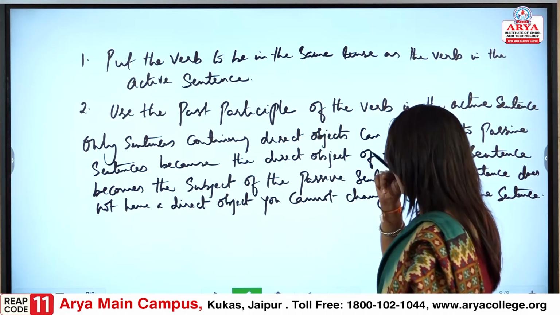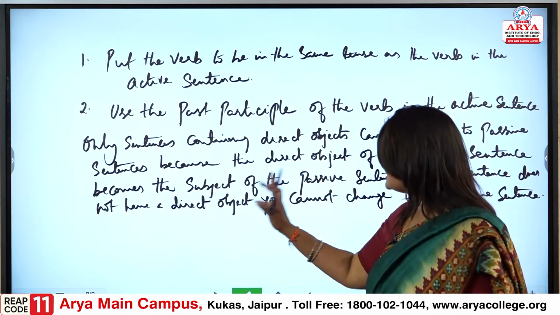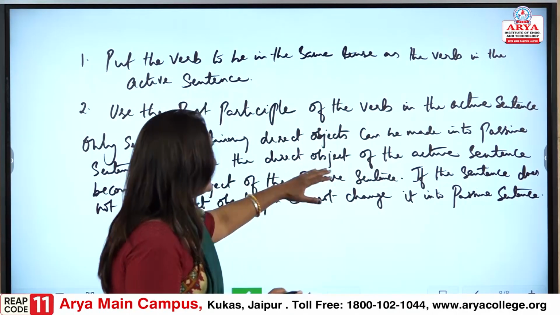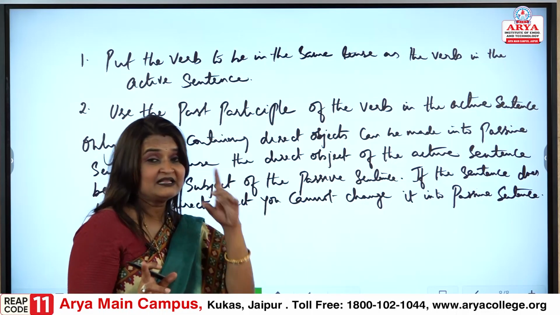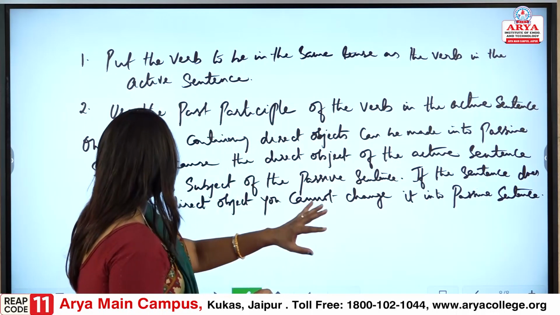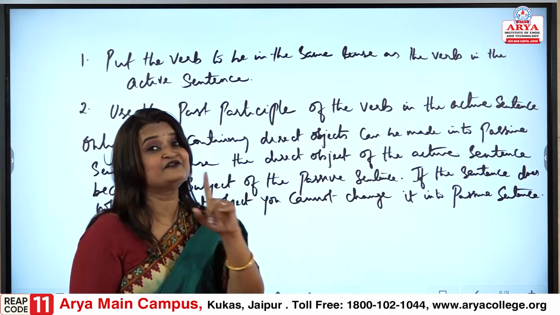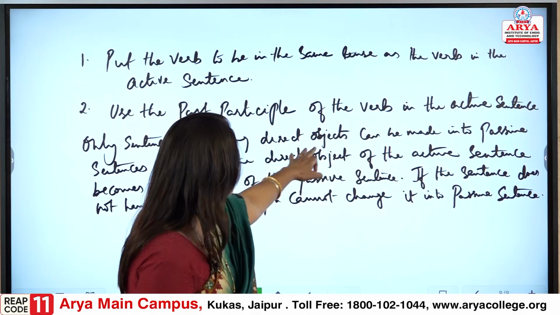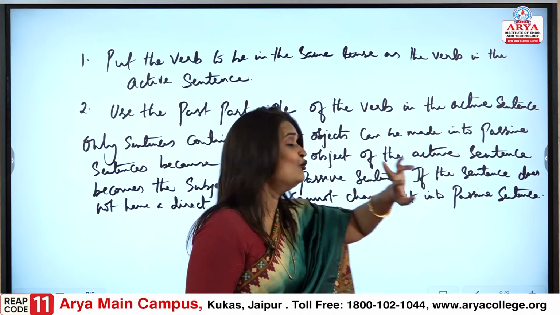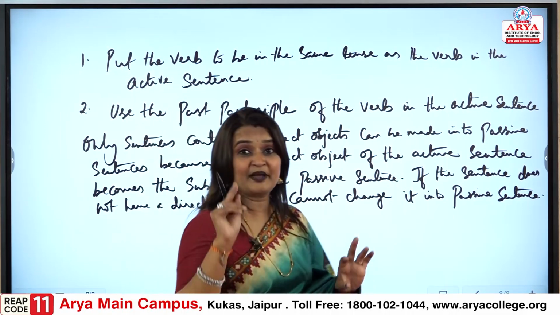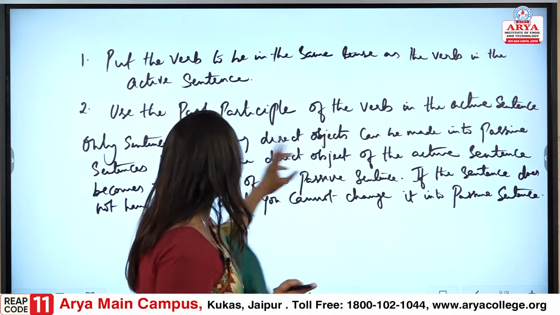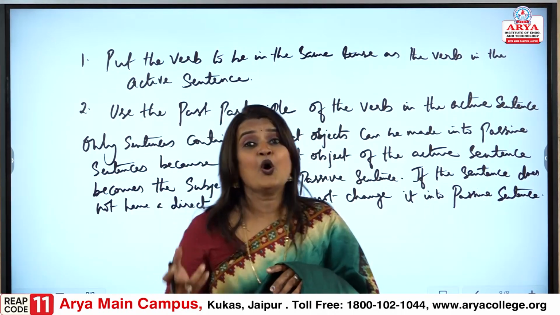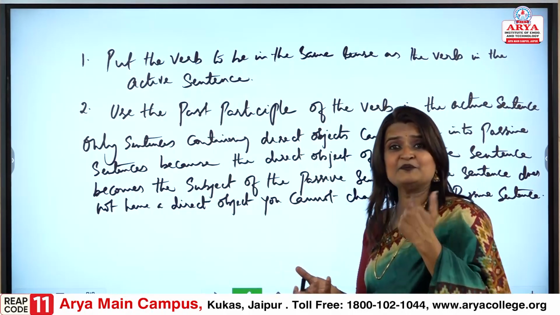So, why is that? Because the direct object of the active sentence becomes the subject of the passive sentence. That is very important. Otherwise, how would you convert it? Conversion becomes tougher.